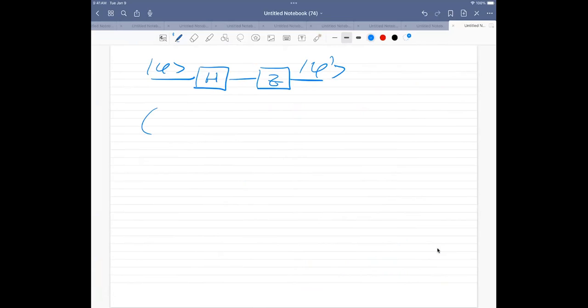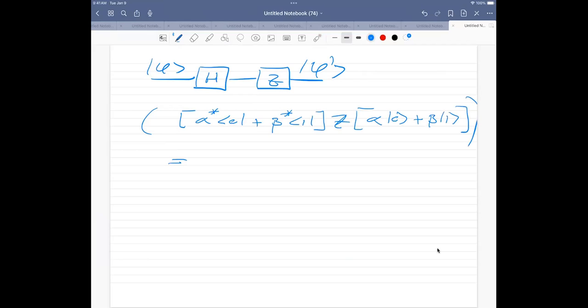You would have a state where you have alpha complex conjugate 0 plus beta complex conjugate 1, and then the Pauli Z operator, multiplied with alpha 0 plus beta 1. So when you do that theoretically, what you get is simply what you would expect: alpha squared minus beta squared.